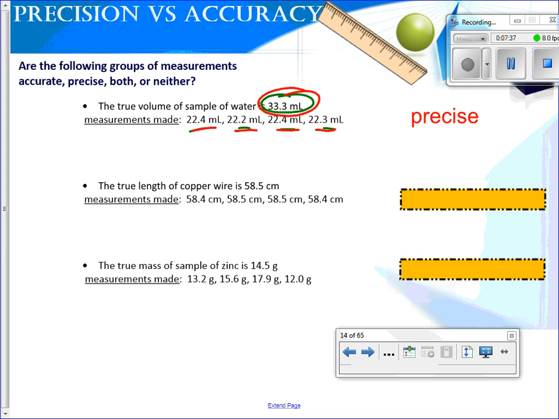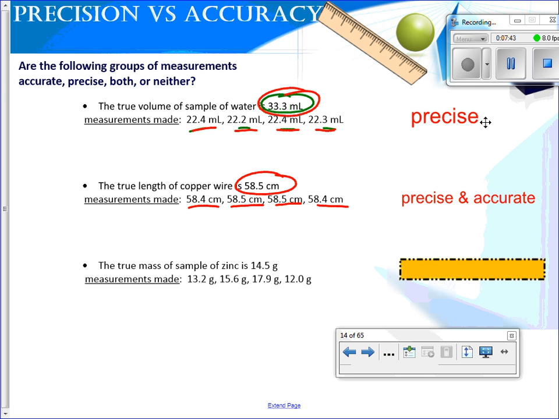For this next one, you look at the measurements, and then you can look at the accepted value, and so you will see that they're precise because the measurements are close to each other. They're accurate because they're close to the accepted answer. On this one, here's the correct answer, the accepted answer, and here are the various measurements made. So for this one, it's neither. These numbers are not close to each other, these measurements, and nor are they close to the correct answer.